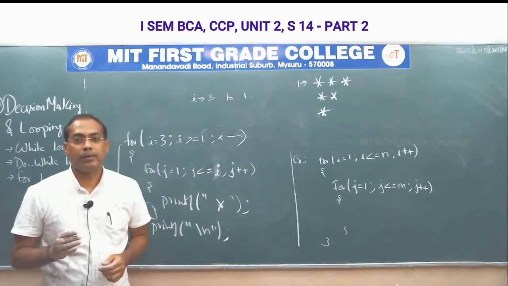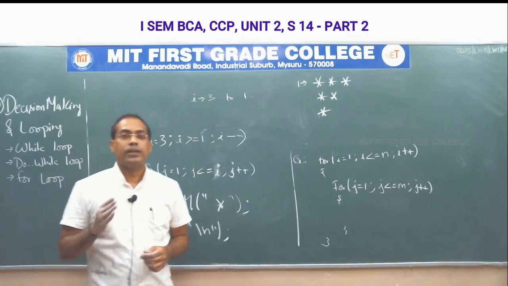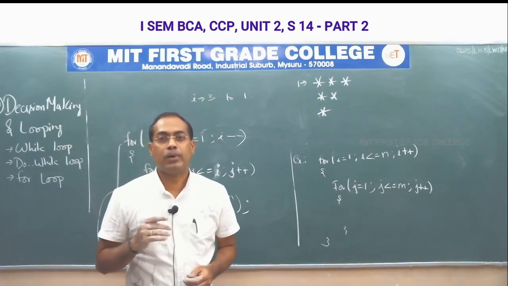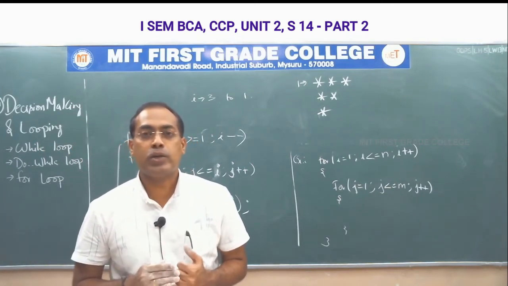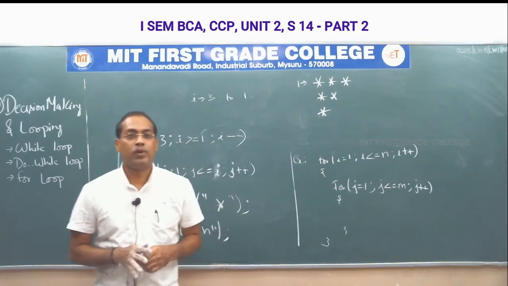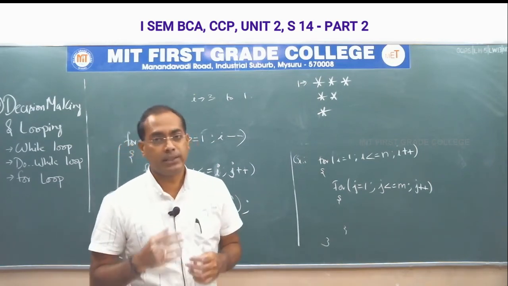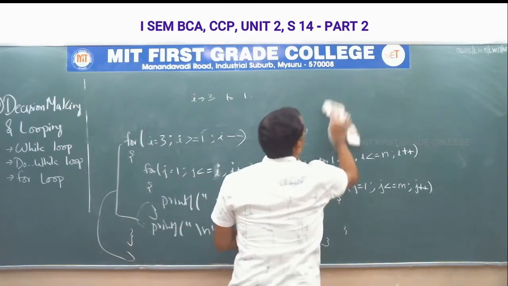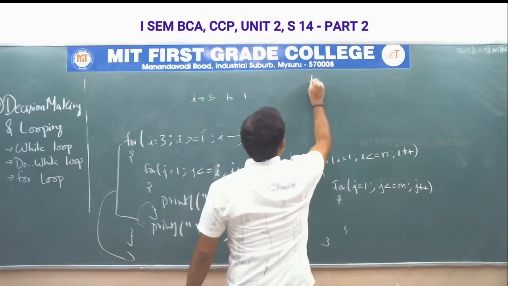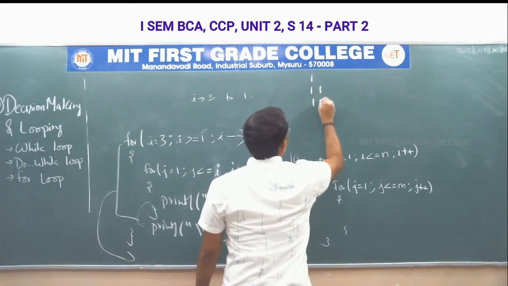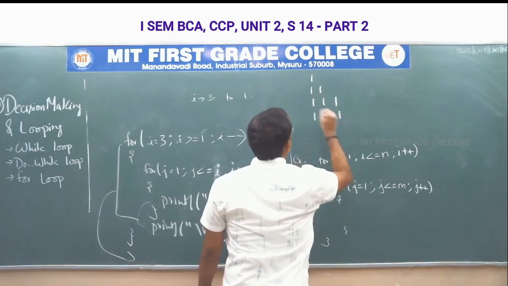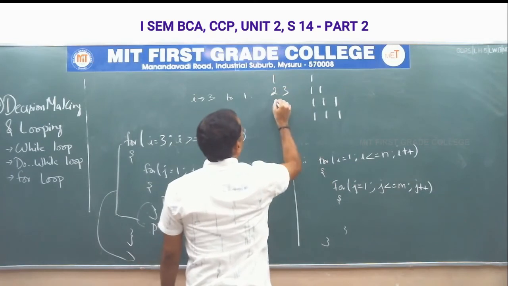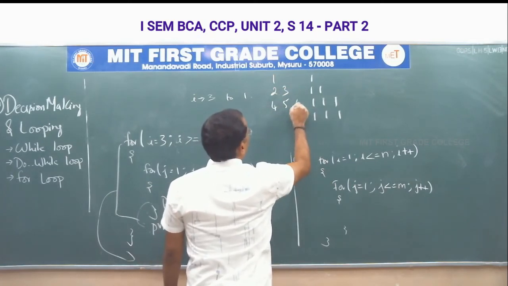Students, in this video I explained to you the decision making and looping statements, and I also explained the nesting of looping statements with appropriate examples. I want to give you some assignments over here. I want the pattern to be like this. Instead of star, I want the pattern to be like this.